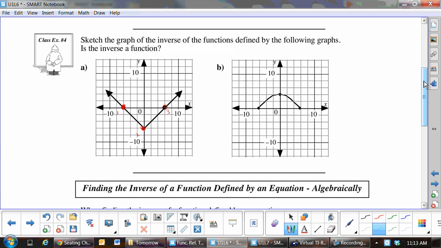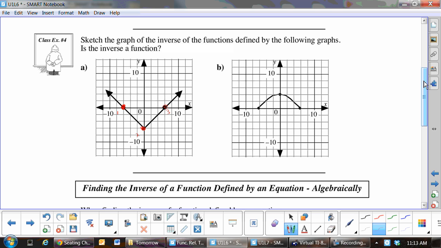Negative 6, 0. What do you think the inverse of negative 6, 0 would be? 0, negative 6.